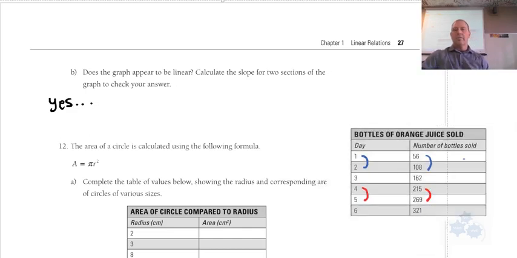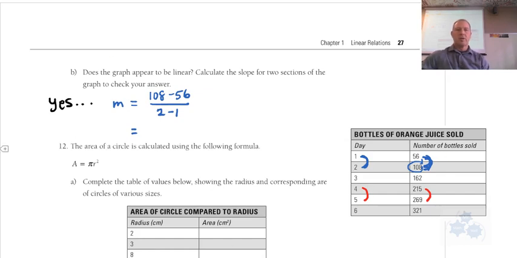Okay, so the number of bottles, this is the y, so we're going to do 108 minus 56. So the blue slope is going to be 108 minus 56, right? Because we have to take the difference of the y values and then divide it by the difference of the x values. 2 minus 1. Right?